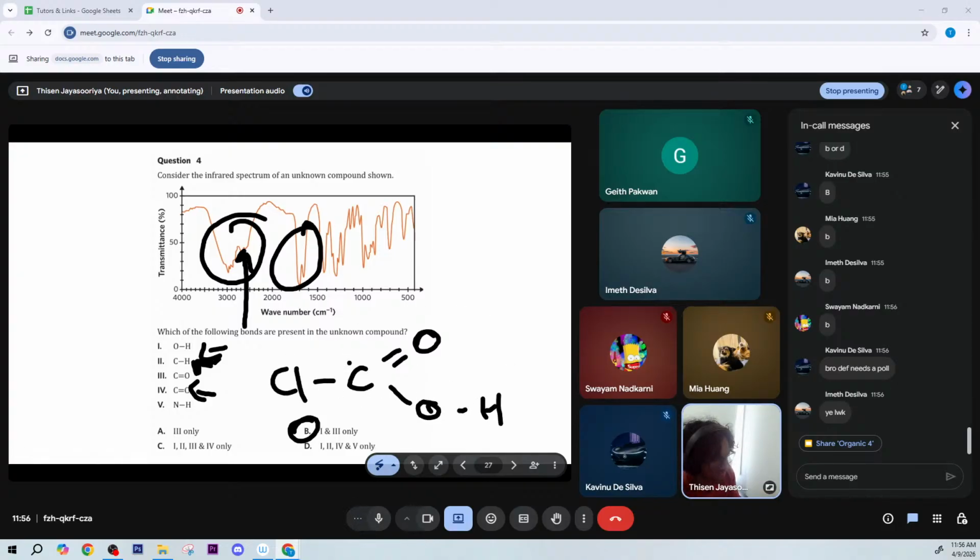We have no idea, yeah? So we can't determine the presence of these two bonds. So it can't be C, it's definitely not A, and that means it's definitely not D because we cannot determine the presence of this one, right? If it was this one that was present, it'd be between this and this, which is extremely small. You'd expect a peak that looks something like this over here.